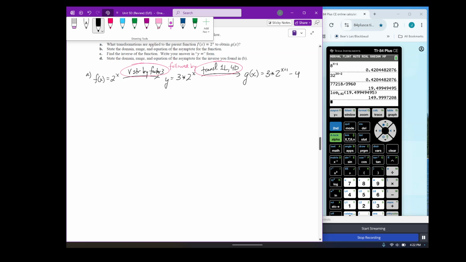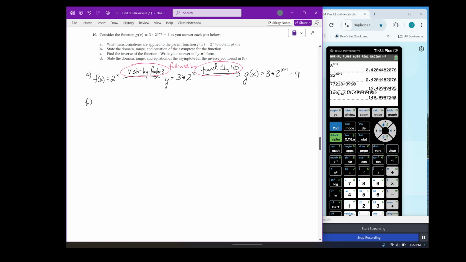For B, state the domain, range, and equation of the asymptote. Some of you might be able to just do that from the final function now. But if you can't, you can still start with this parent function. Remember, 2 to the x is the parent exponential growth function here. So the domain is all real numbers. X can be anything. The range, y can be positive.